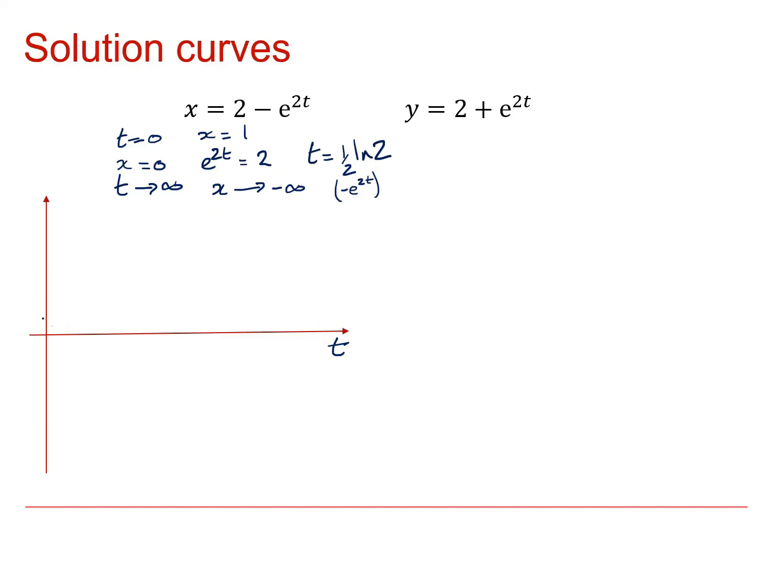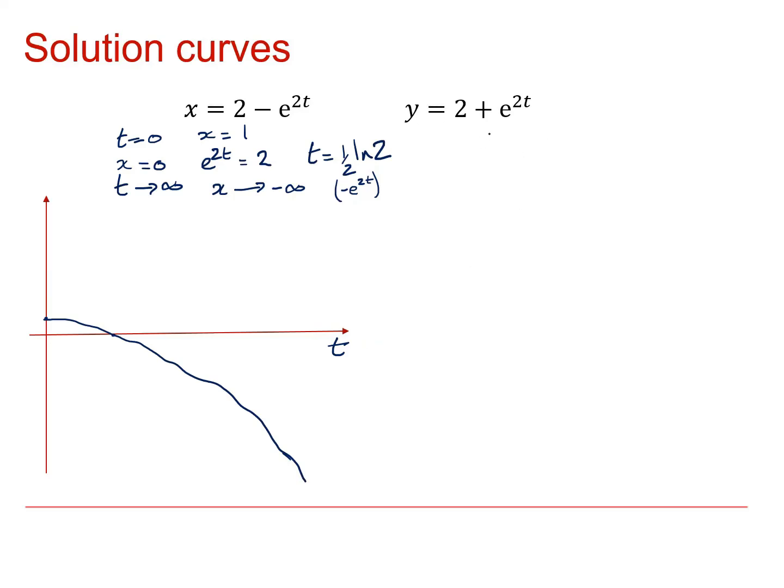If we put these things together, it's going to start around here at 1, drop through the axis at some point, and head off down here somewhere. That's a nice exponential curve, something like that.